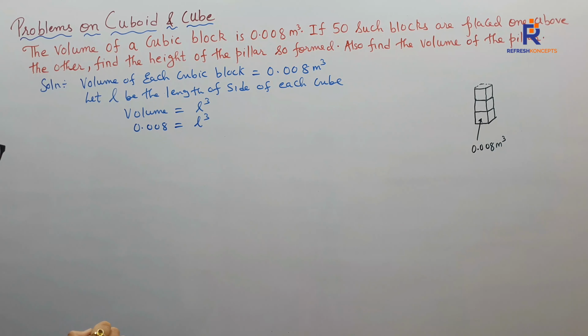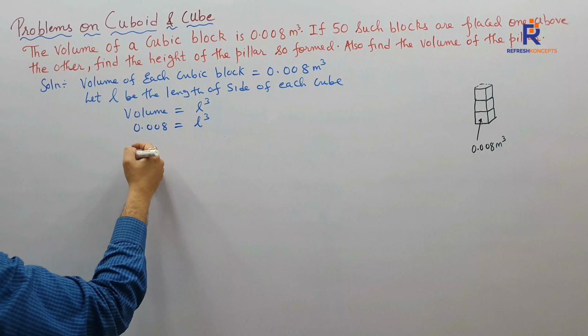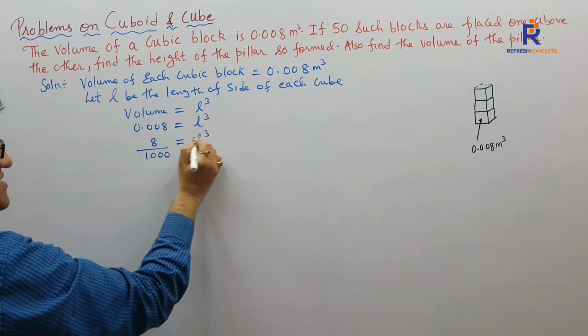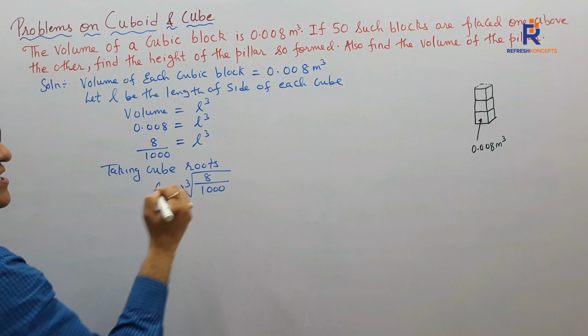Before I go for any calculation to find L, can I say it is 8 upon 1000? Will 8 by 1000 give me 0.008? Indeed, yes. Why did I do so? Because the answer is taking cube roots. So can I say L is equal to cube root of 8 upon 1000?